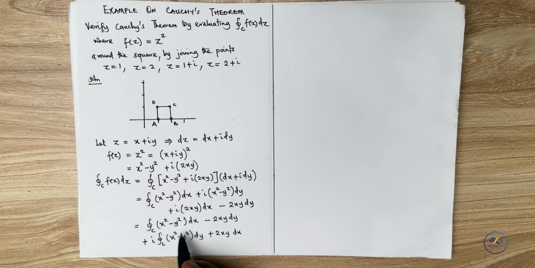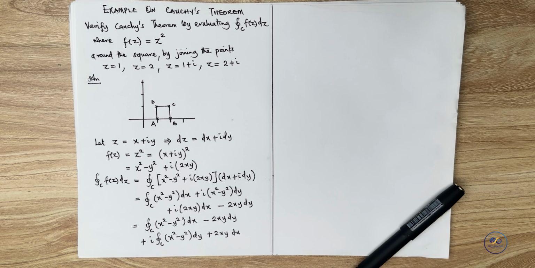So we now have these two integrals, our p and q, if you want, and then we evaluate the integrals along the path. We'll start from A to B, from B to C, from C to D, and then from D back to A. So this would be our representation.